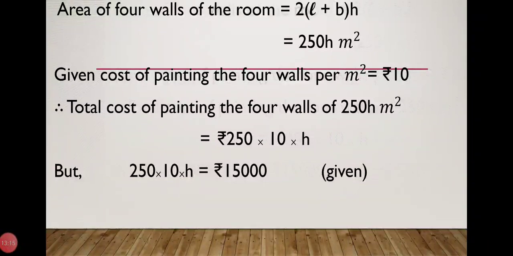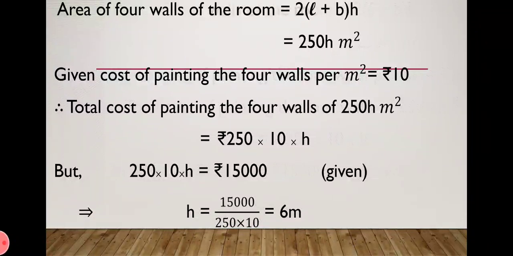So 250 into H into 10 equals rupees 15,000, because it is already given that the total cost of painting the four walls is rupees 15,000. Solving further, we get H equal to 15,000 upon 250 multiplied by 10.